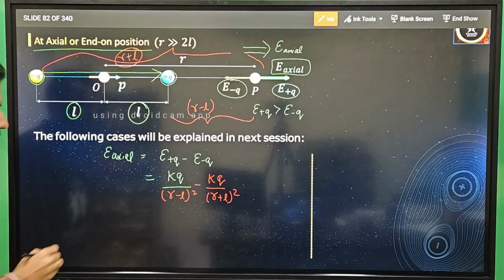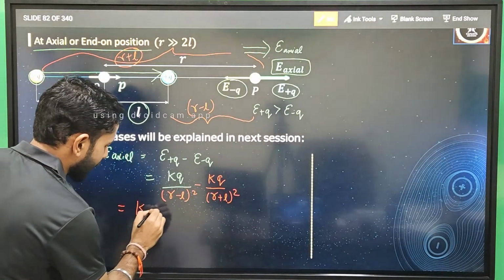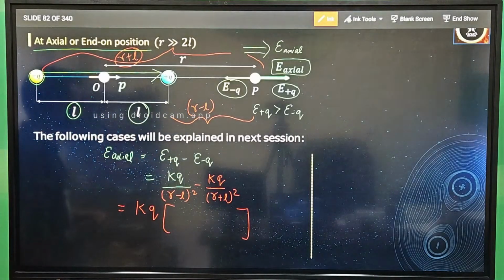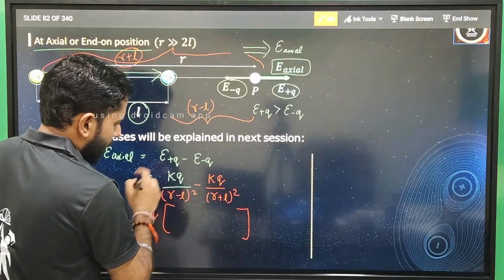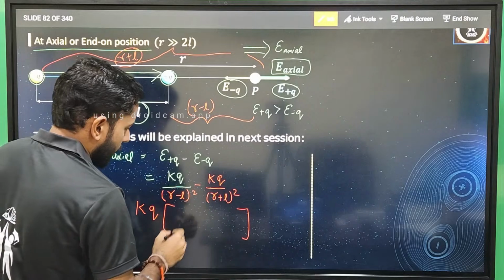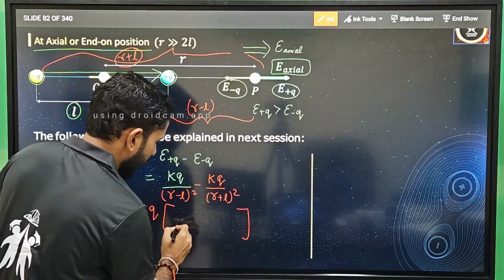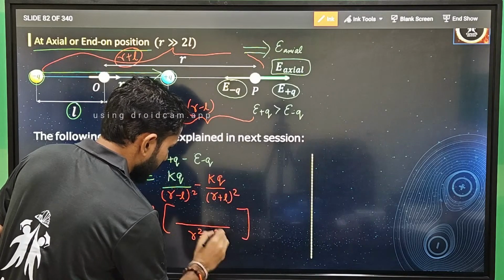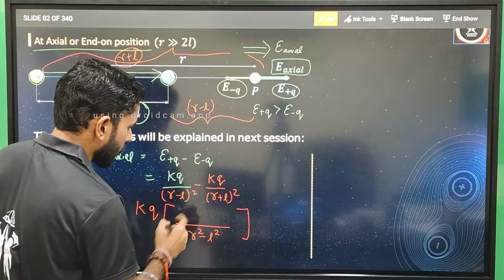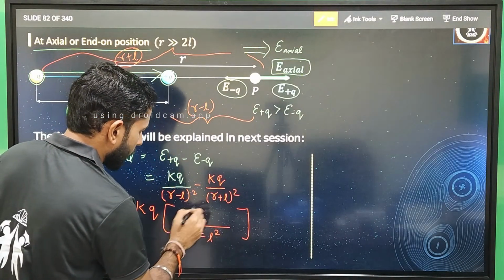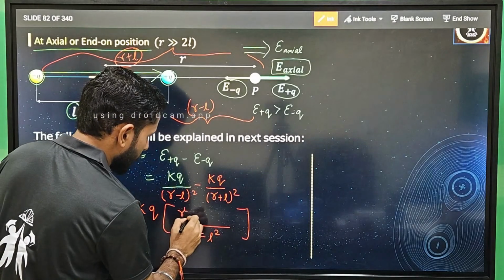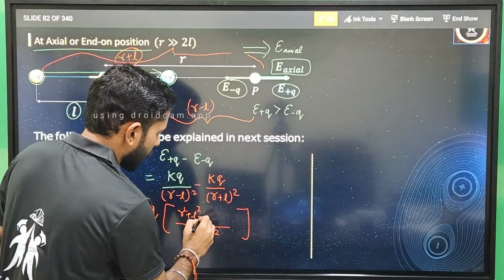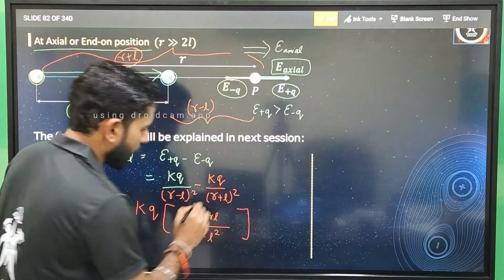Correct? Now let's solve it. Now it is about maths. You have to solve it. Okay. Now take the LCM. In the denominator you can take it as R square minus L square, and here just multiply out, R square plus L square plus 2RL.